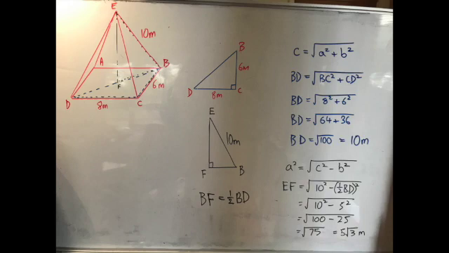So the key to this is to really make sure that you're labelling things carefully and drawing it out. So let's have a look at the steps again. The first one is identify the right angle triangles that you're going to need and identify the shared edge. Draw a separate diagram of each one of those triangles, label them carefully, and fill in any of the known values.